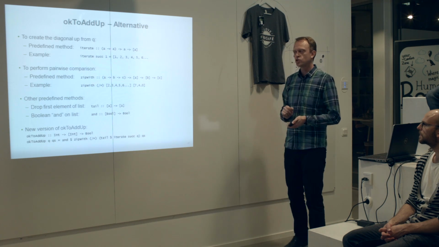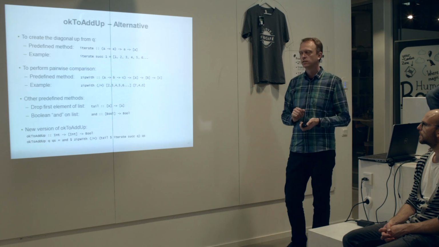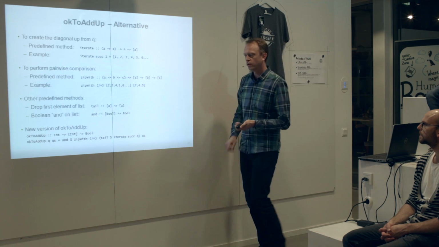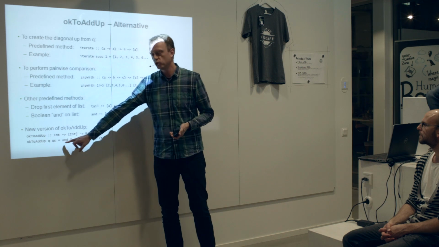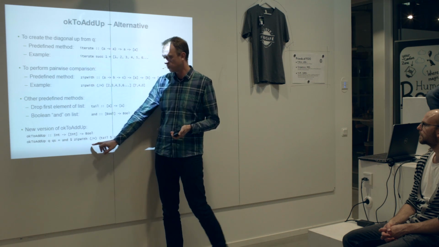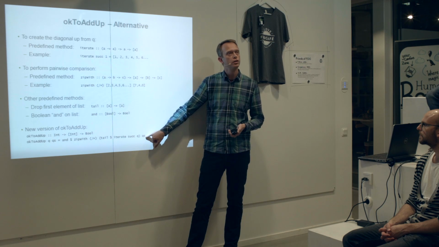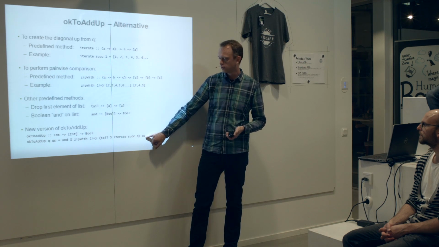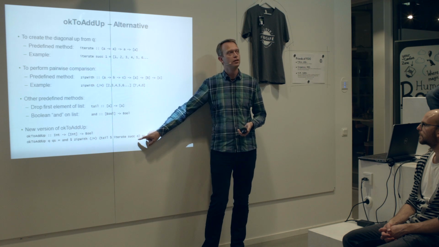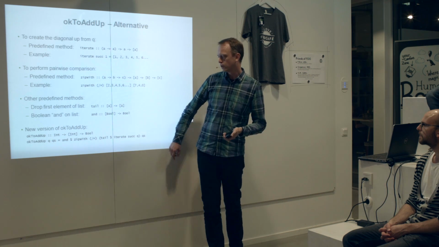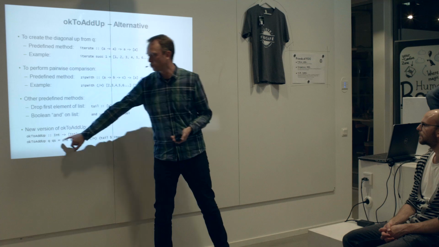So now we can define our function like this instead. So OK to add up. We're just anding what we get when we zip this diagonal with our partial solution. And we iterate up from the queen that we are trying to place.